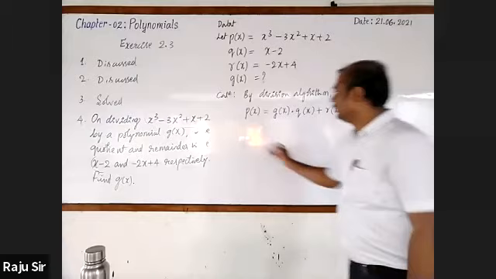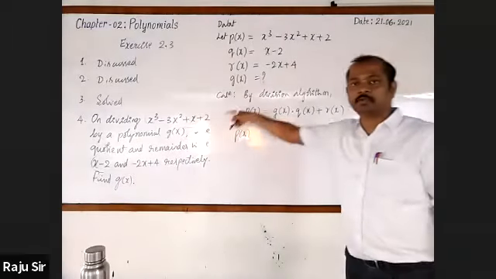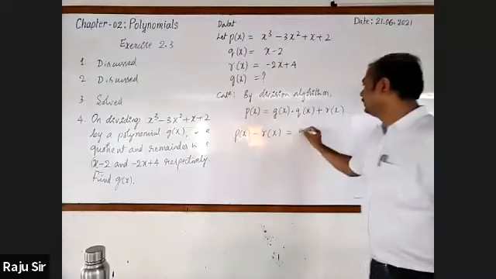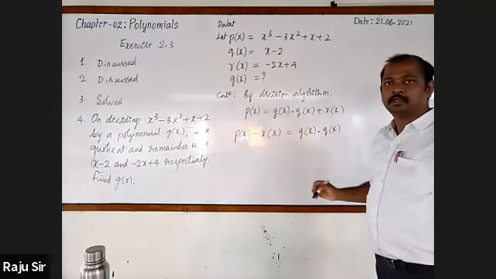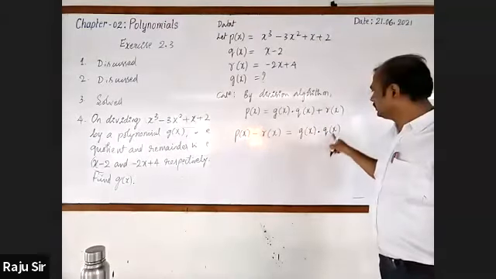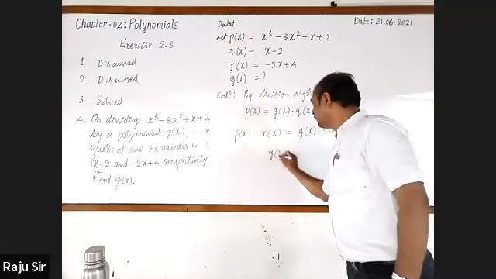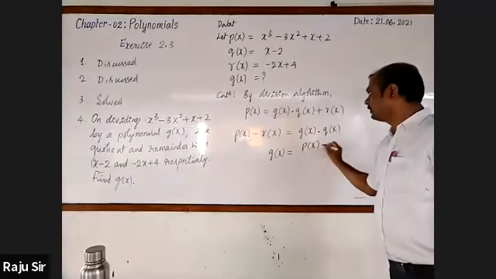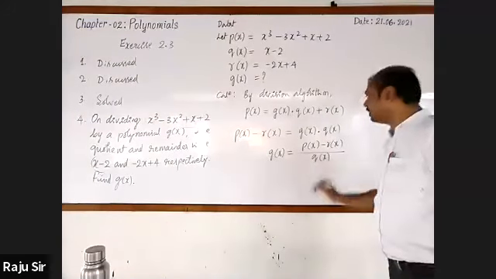Then transfer the remainder to the left hand side, p of x minus r of x is equal to g of x into q of x. Next, transpose q of x to the denominator. Now we can write g of x is equal to p of x minus r of x whole divided by q of x.